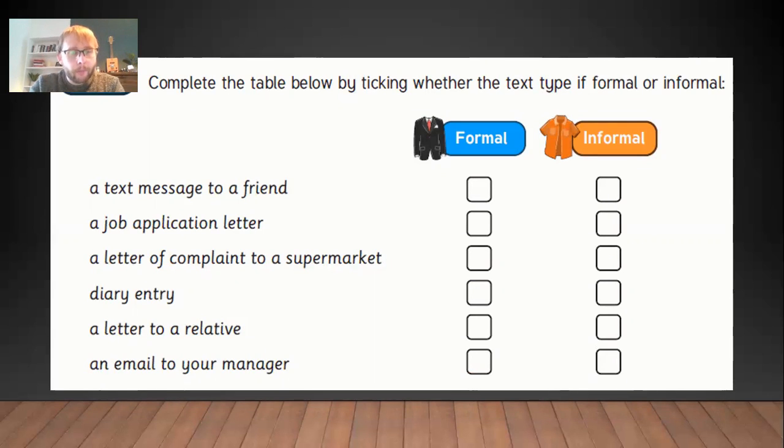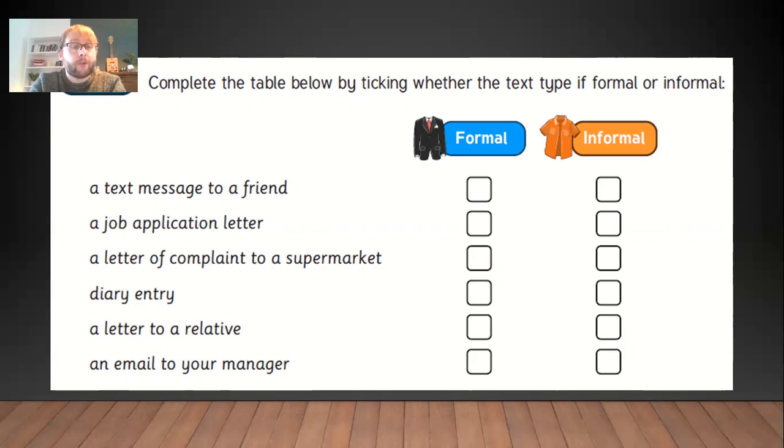Last task before the main one. I'd like you to complete this table below by ticking formal or informal. You can do this by writing out the sentence and writing formal or informal, or F or I even. So you're just going to go down and say, is that clause a formal or informal sentence? So you've got a text message to a friend, a job application letter. Sorry, you're not saying whether the sentence is or isn't.